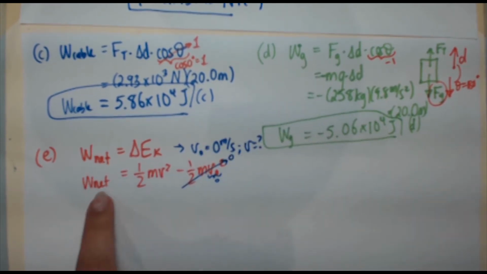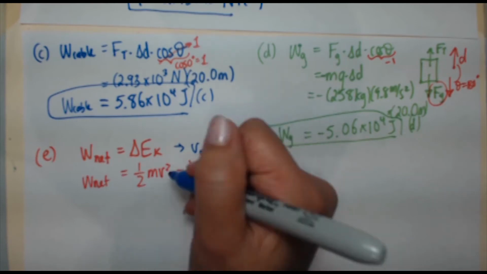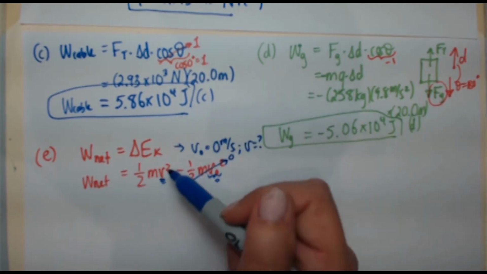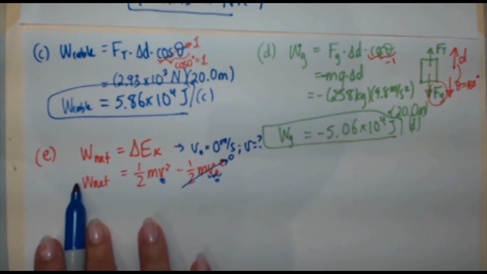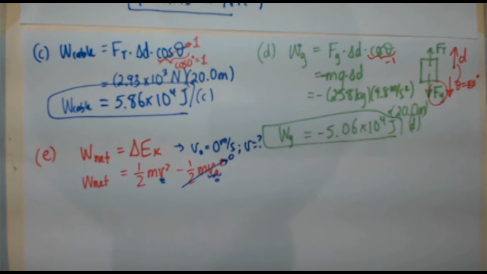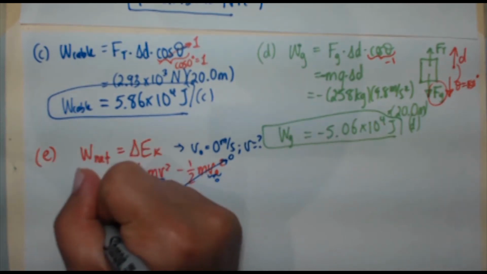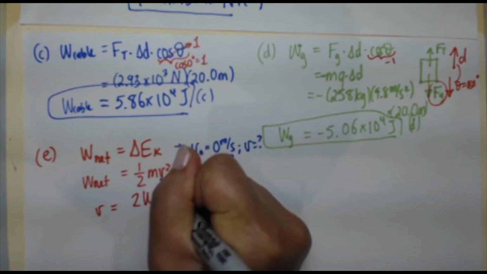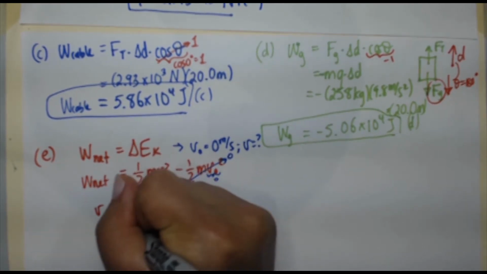Net work is 1/2 mv squared, and we are looking for that v. Let's isolate for that. We're going to multiply the 2 across, so it's 2W divided by m, and then square root the entire expression. So v is equal to the square root of 2W net over mass.